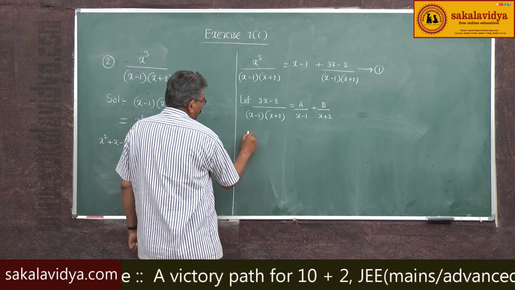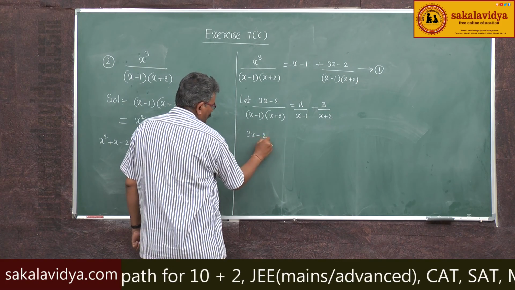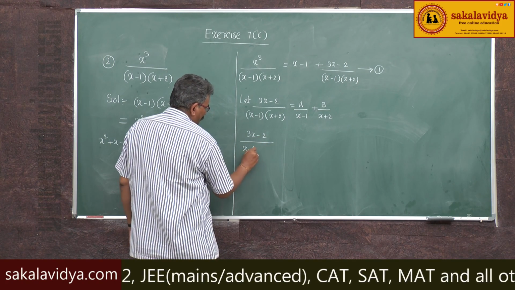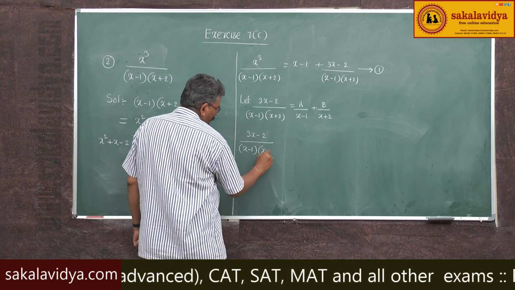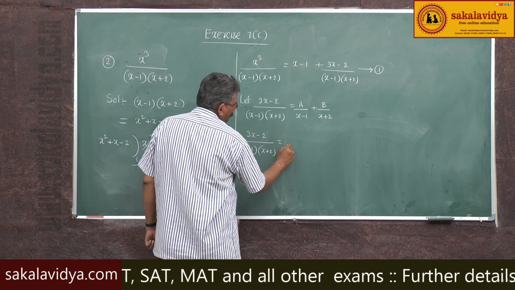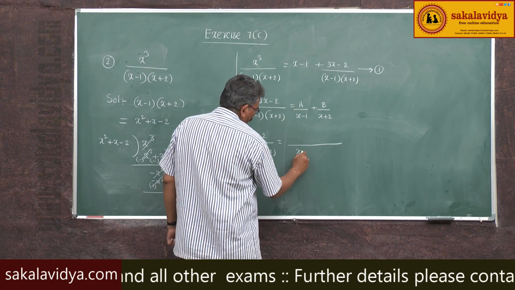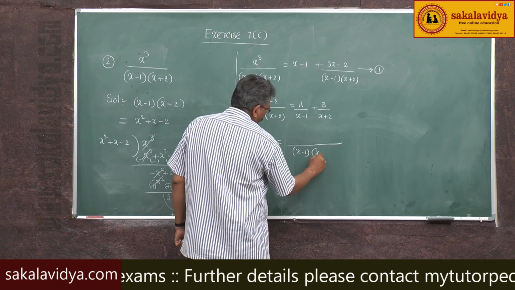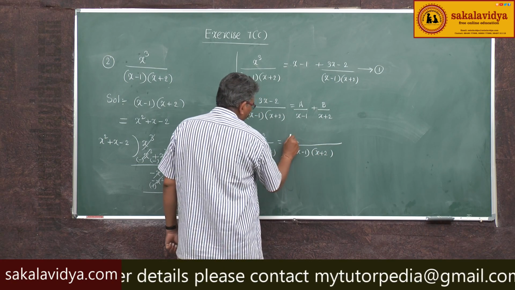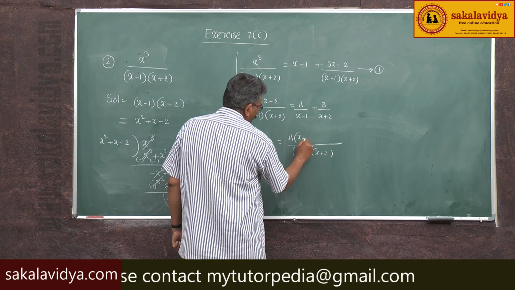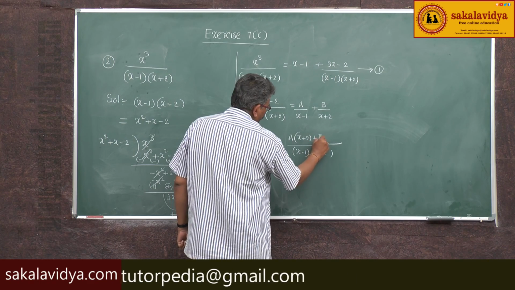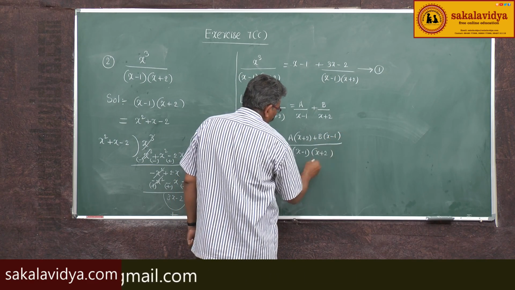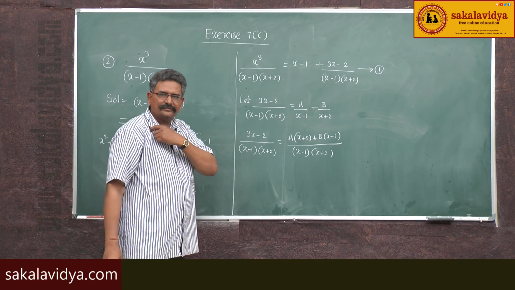So, now this can be written 3x minus 2 by x minus 1 times x plus 2 equals, here the LCM is x minus 1 into x plus 2, so a times x plus 2 plus b times x minus 1. Now, here both get cancelled.